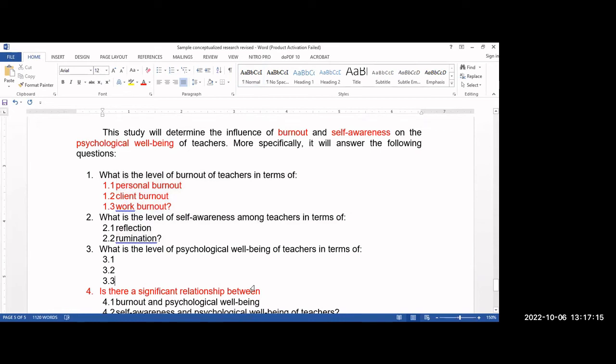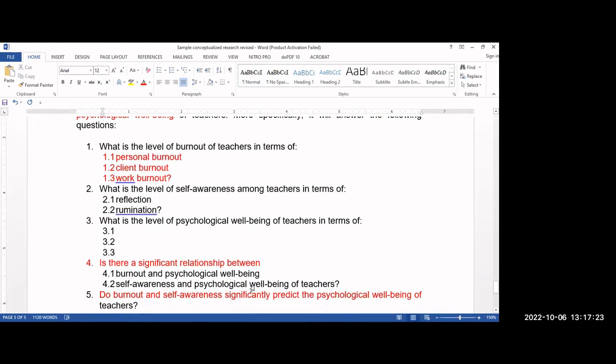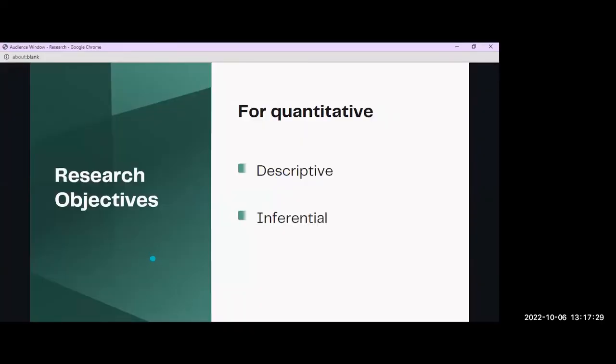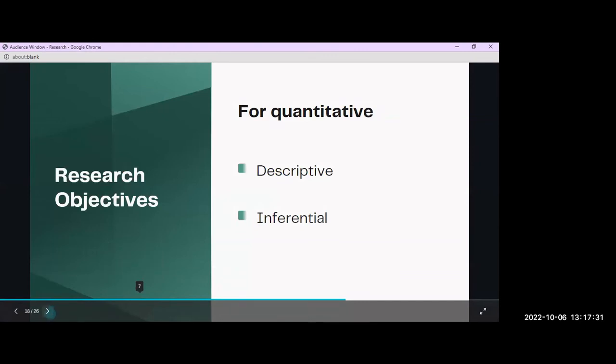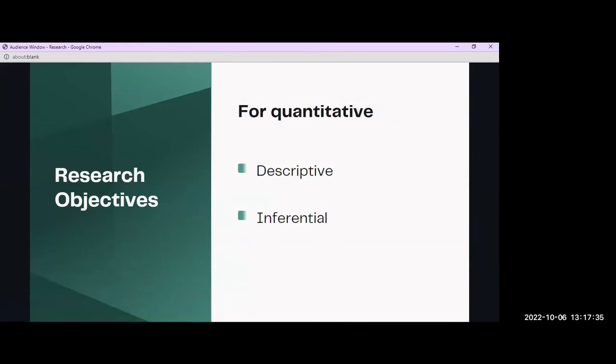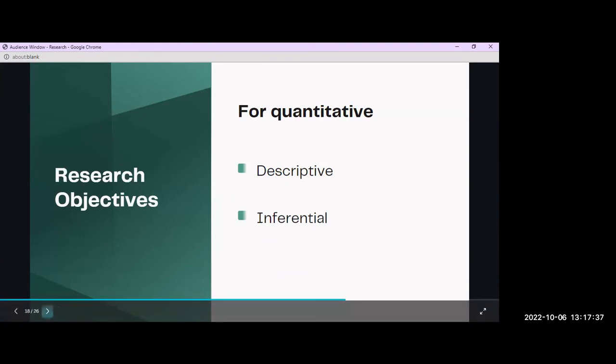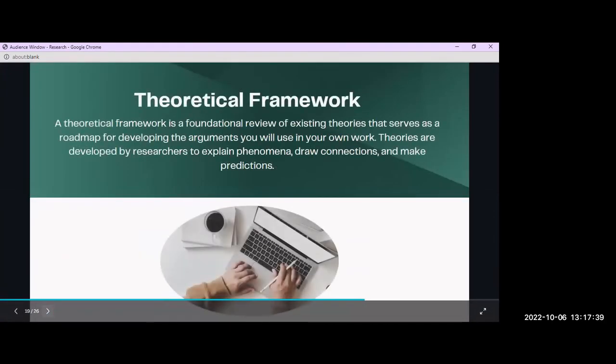There should be statistics, there should be a questionnaire available so that we can do data analysis. Okay, so that's for research objectives. In fact, the tables will depend upon your objectives as to how many objectives your study has.